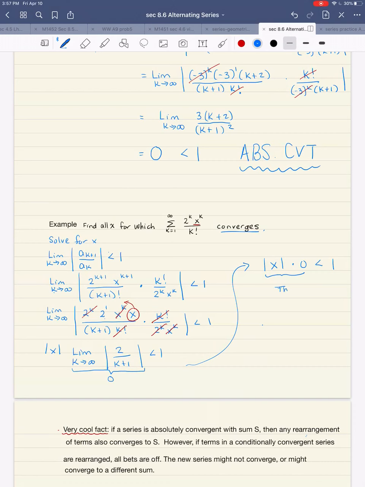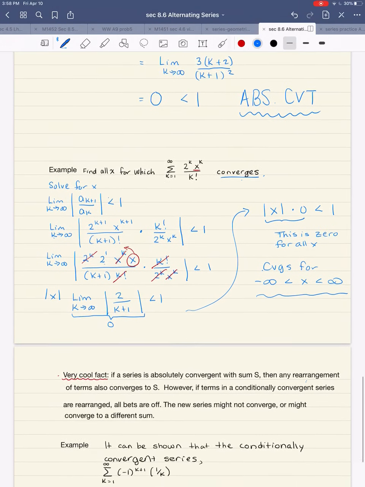So this holds for all x. That means it converges for all x. Okay, you're going to see some examples where this will only converge for a handful of x's, but this one converges for all x. We'll come back to those types of problems later in this chapter.